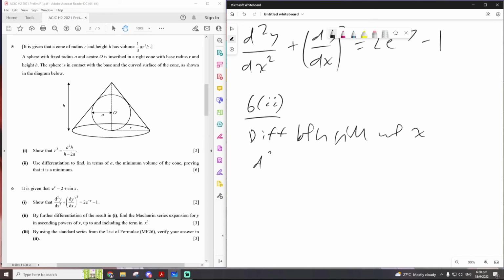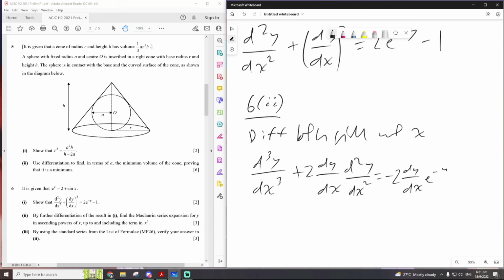We'll get d³y/dx³ plus 2 (dy/dx)(d²y/dx²) equals minus 2 dy/dx e^(-y). Okay, so we can now sub in everything.